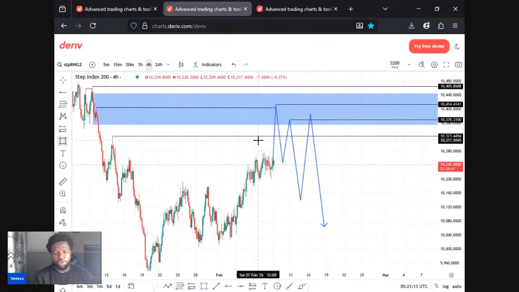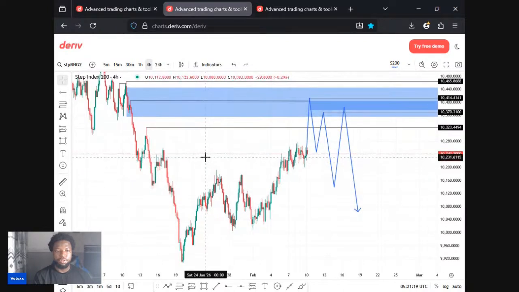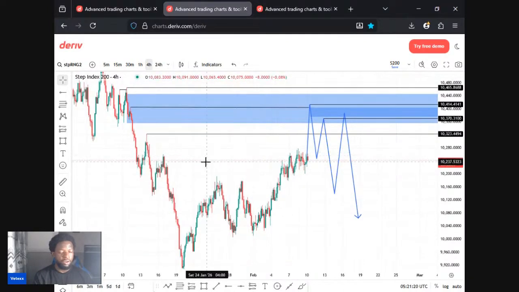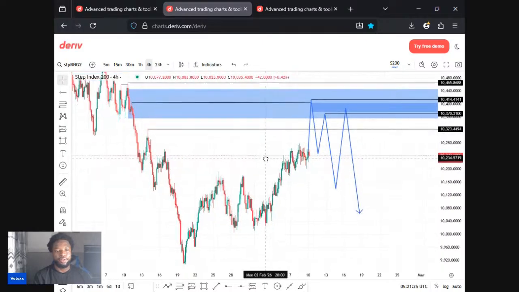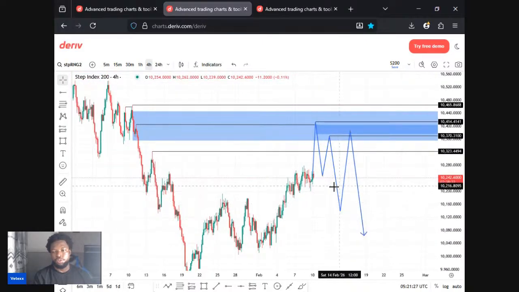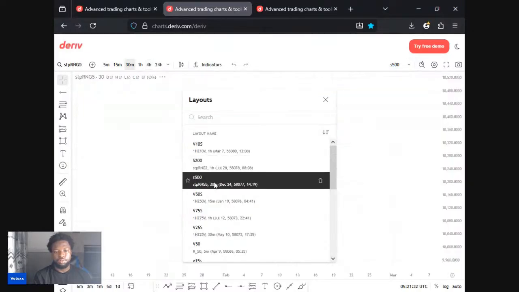So this is what we anticipate on step 200. If price does this, then we have confidence. We'll take the trade. So until then, we'll be sitting on our hands and watching what is going to happen. Alright, so the next we will be checking is step 500.